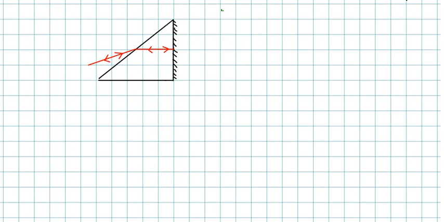Now the question is, if this angle is 30 degrees and the refractive index N2 is equal to root 2, find the angle of incidence I. How much is this I? You need to find out.